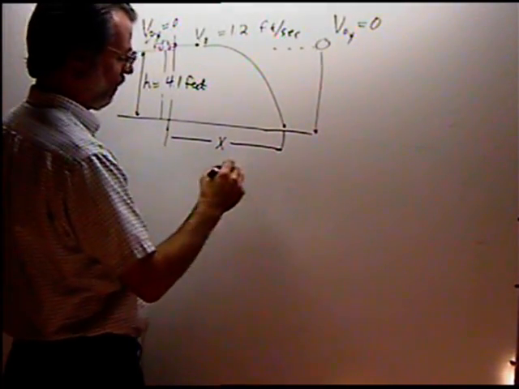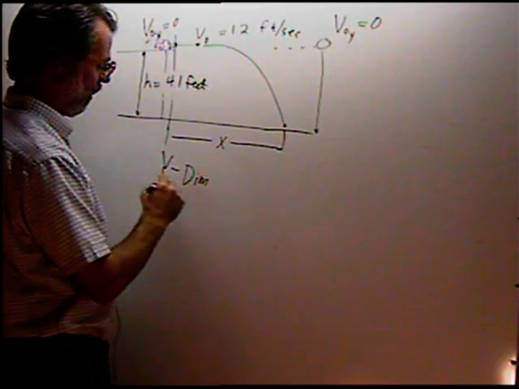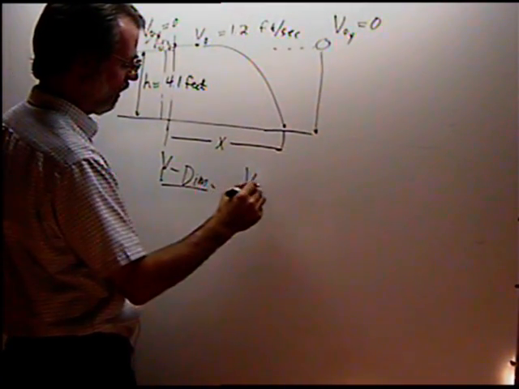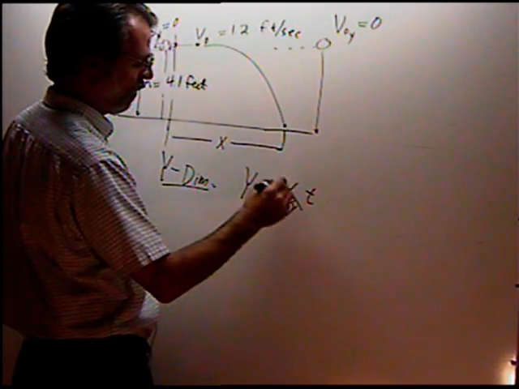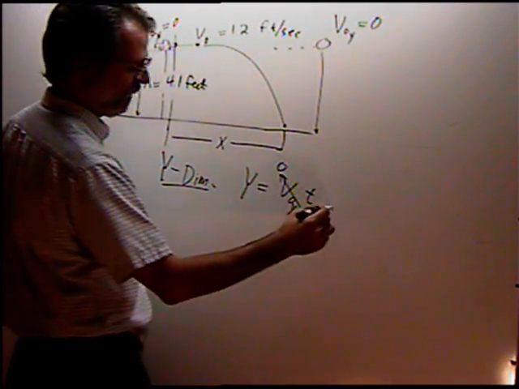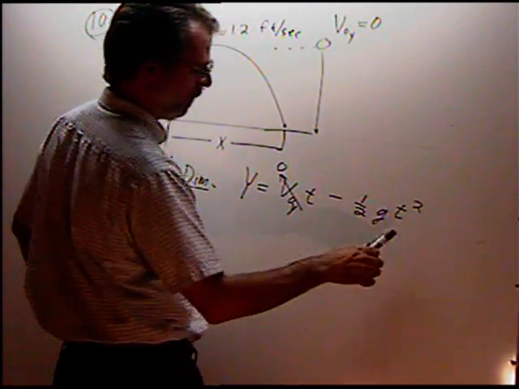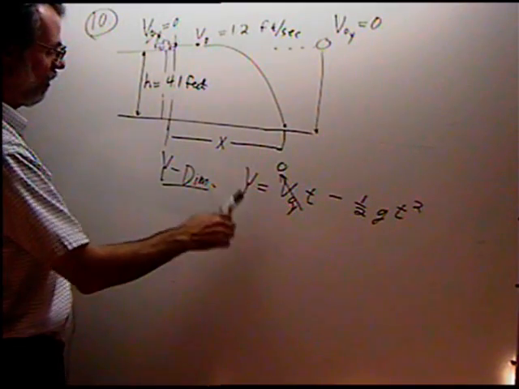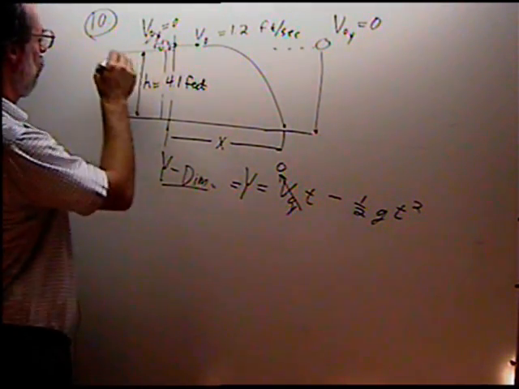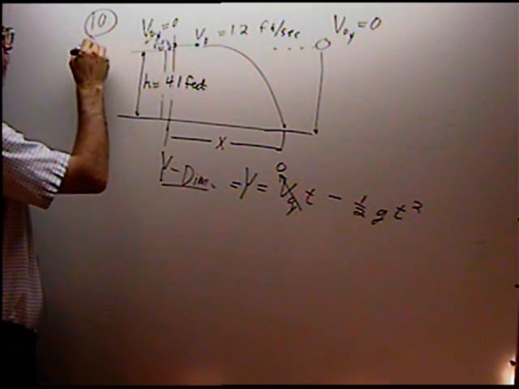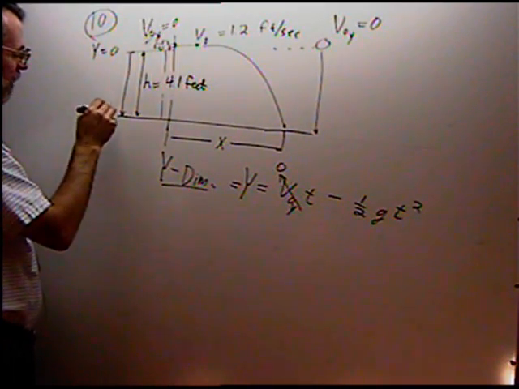So therefore, we can say that in the y dimension, y is the initial velocity in the y dimension, which is 0, there is no initial velocity, minus 1/2 g t squared. So we can solve for t. This distance is h, or actually, because our datum is y equals 0 right here, this distance down is minus h.